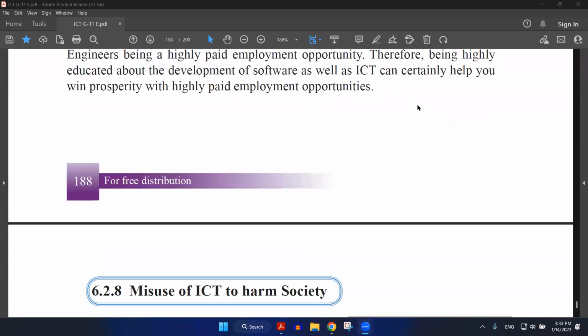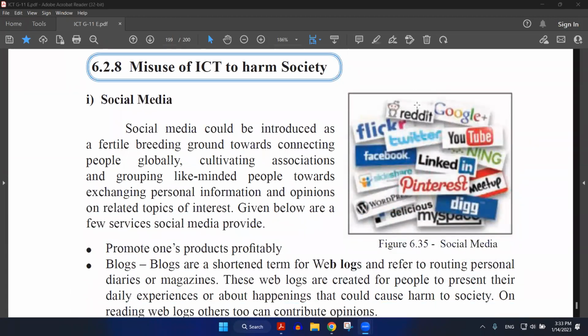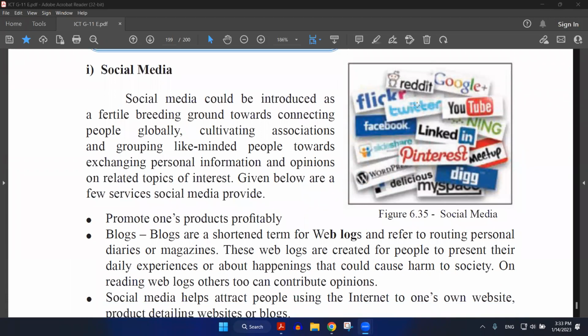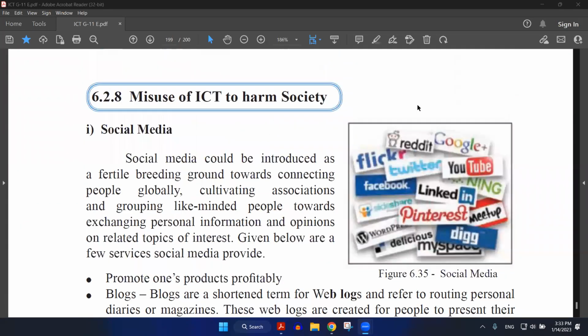Okay, moving forward, people. The last topic is the misuse of ICT to harm society. We are talking about the negative side of social media. We can't say social media is a misuse.